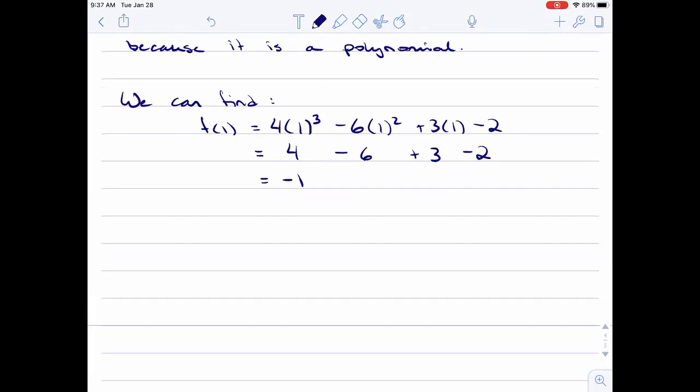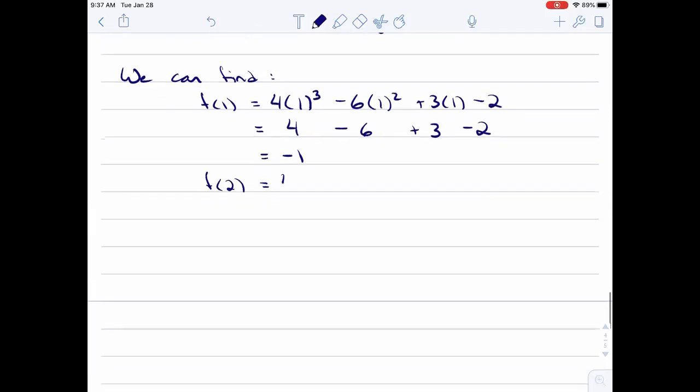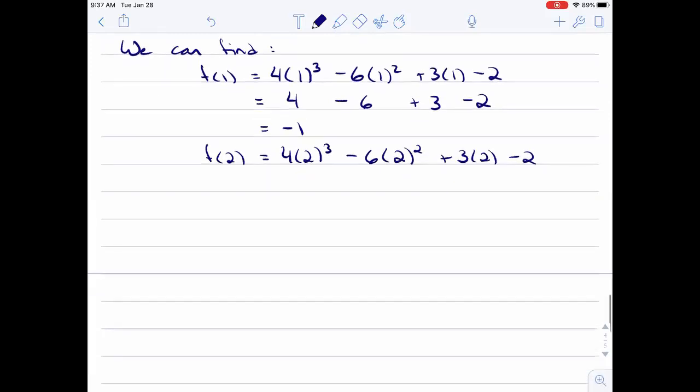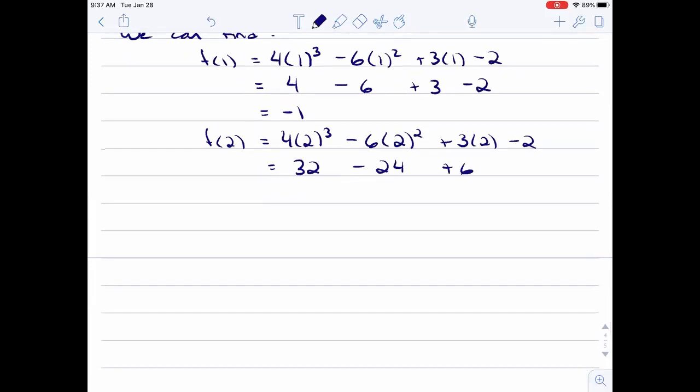Now what I'm hoping for is that f of 2 is going to be positive, and then I'm in the clear. So f of 2 is 4 times 2 to the power of 3 minus 6 times 2 to the power of 2 plus 3 times 2 minus 2, which is 32 minus 24 plus 6 minus 2, which is 12. Phew.